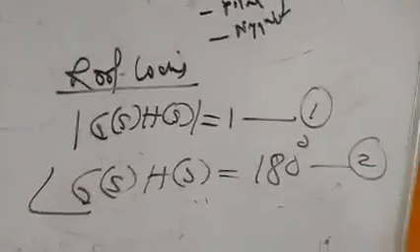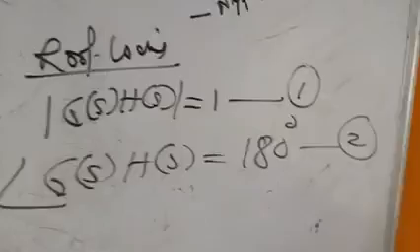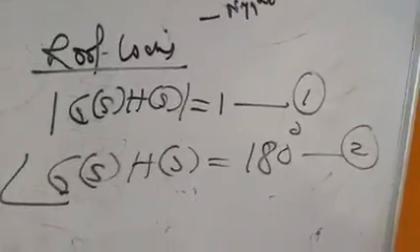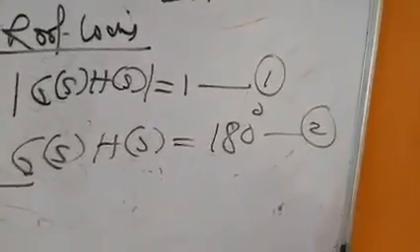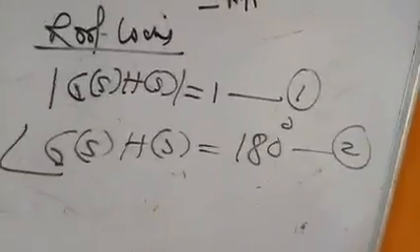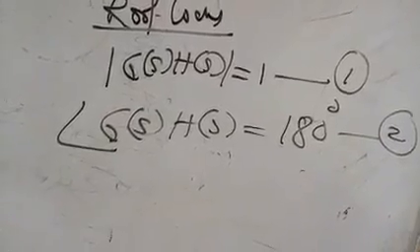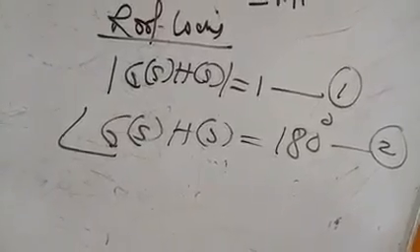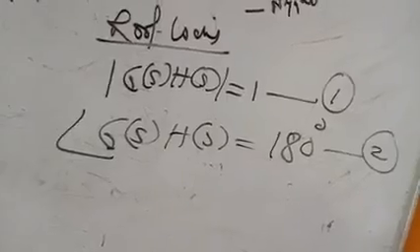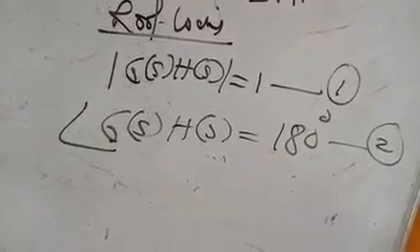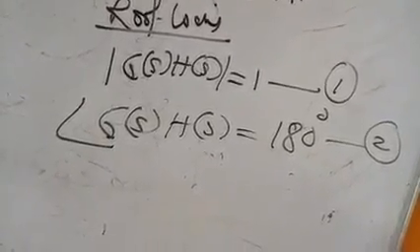Root locus is a graphical method, or we define the root locus as the process of finding points on the S-plane which satisfy the above condition. The above conditions, equations 1 and 2, are the basis of the root locus method.